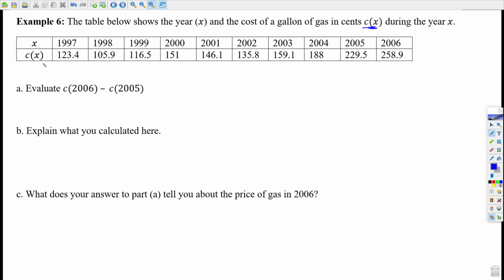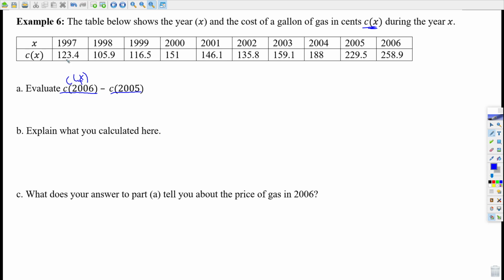All right. When you have a table like this and then this notation down here, it actually makes things really easy. So we're going to evaluate C of 2006 minus C of 2005. The way you do that is you're just going to be looking at the table for the values. We're not going to be doing any kind of evaluating or trying to solve an equation. Originally it's C of x, so what they did is they changed the x out to 2006.